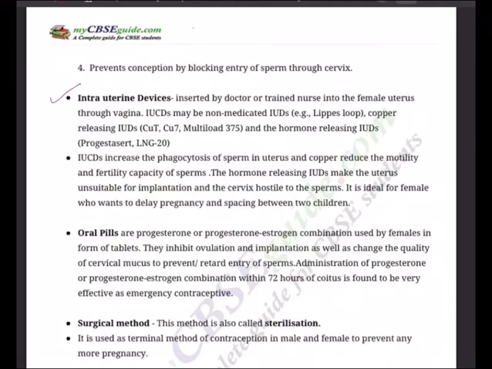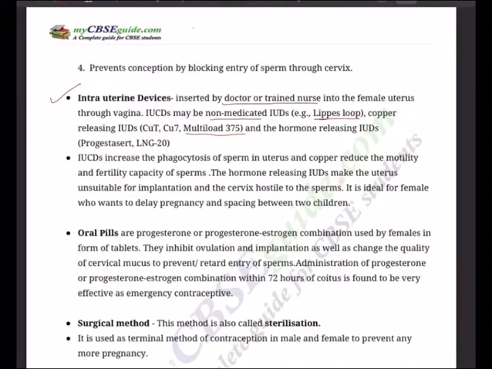These are inserted by a doctor or trained nurse, so no self-medication here, into the female uterus through the vagina. IUCDs may be non-medicated IUDs, so you must remember this, like Lippes loop, non-medicated, there is no release of medicine. And copper releasing IUDs, you must remember this, at least the multiload, many times this is asked in your CBSE exam: CuT, Cu7, copper T, multiload 375.